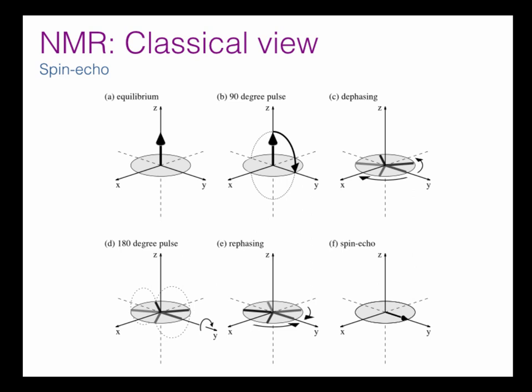If we then apply a 180-degree pulse, essentially all those spins flip around, and then instead of dephasing, they will rephase, and they'll form something called a spin echo. The magnetization will basically all come back together, and we'll get a sudden recovery of the signal back to the ideal T2 decay rate.